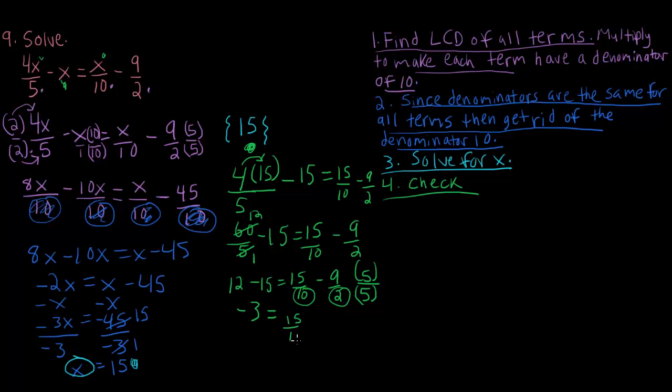So you'd have 15 over 10 minus 45 over 10, and if you subtract 15 minus 45, you have negative 3 equals negative 30 over 10, and negative 30 over 10. 10 goes into itself once, 10 goes into 30 3 times, and you end up with negative 3.